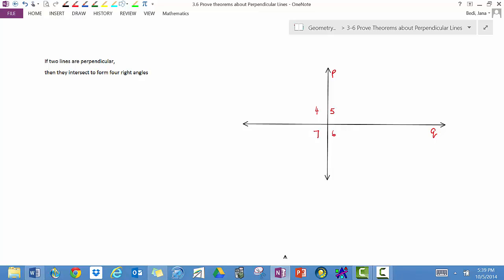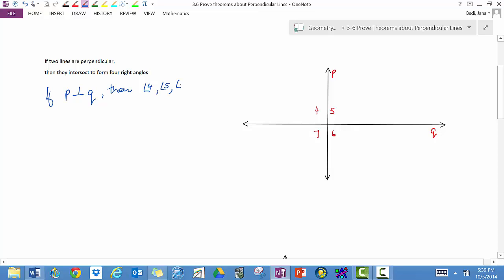Next diagram, you are given that the lines are perpendicular. So if two lines are given perpendicular, then they form four right angles. So we would state this as: if P is perpendicular to Q, then angle 4, angle 5, angle 6, and angle 7 are right angles.